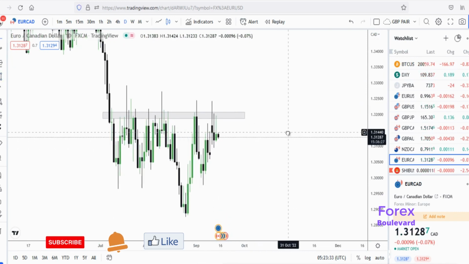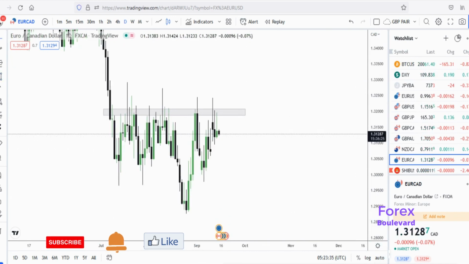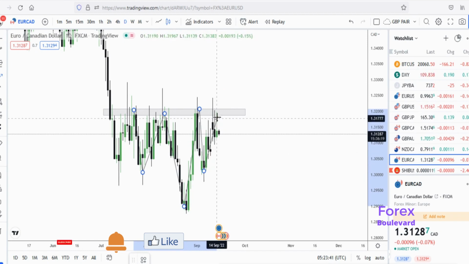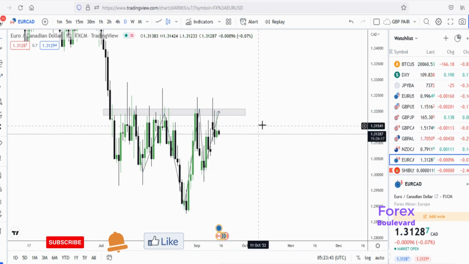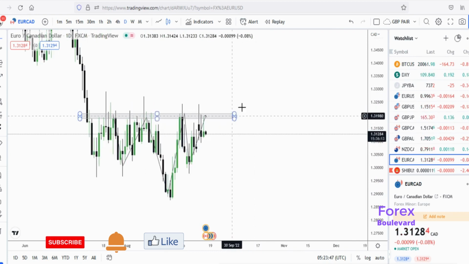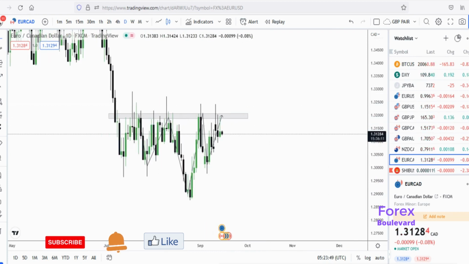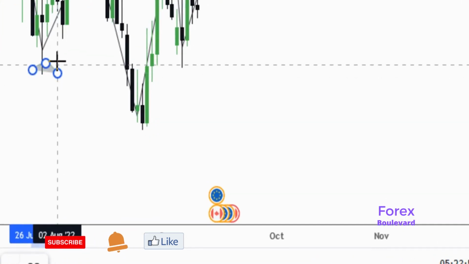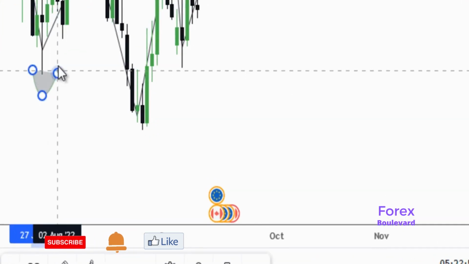All right, so this is what I'm looking at here. We have this and this. This is where we are right now on the daily chart for Euro CAD. Let me pull out the head and shoulder here. So we're having an inverse head and shoulder here, guys. Inverse head and shoulder.